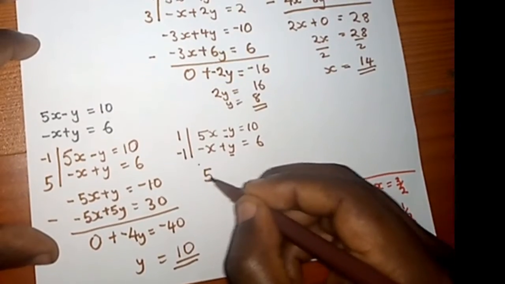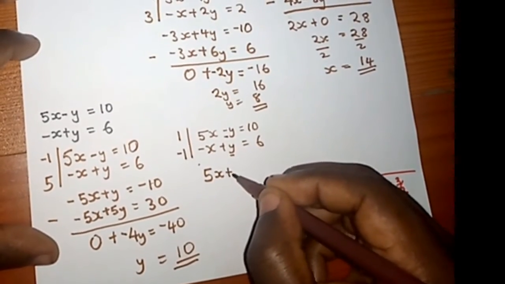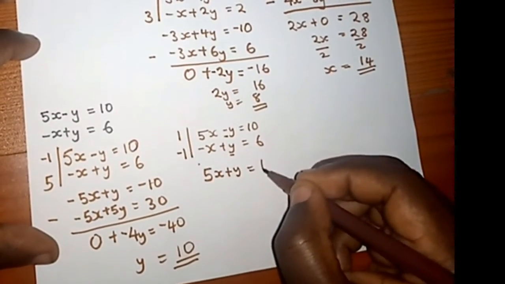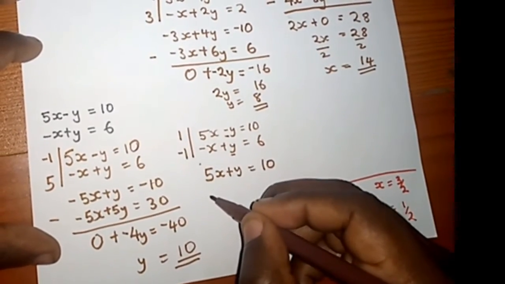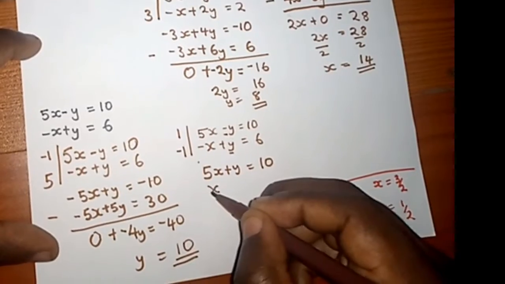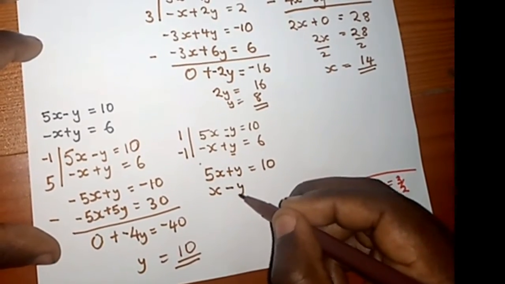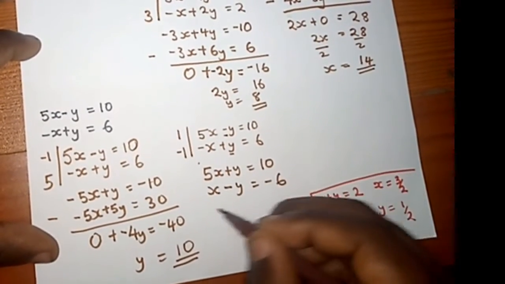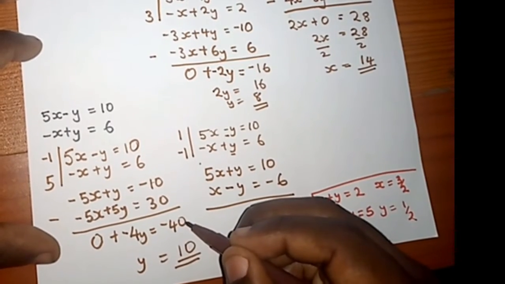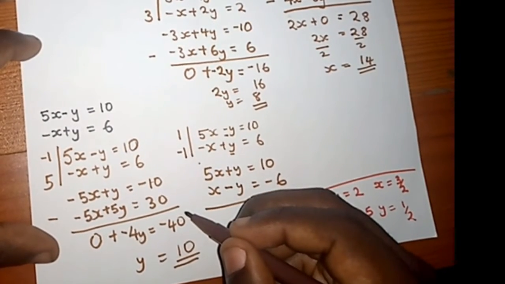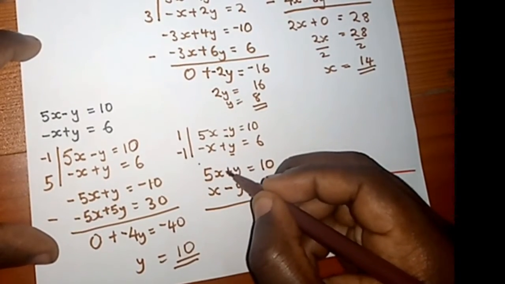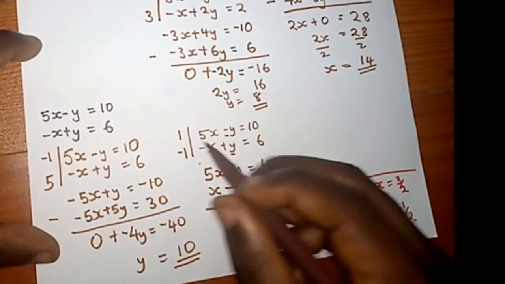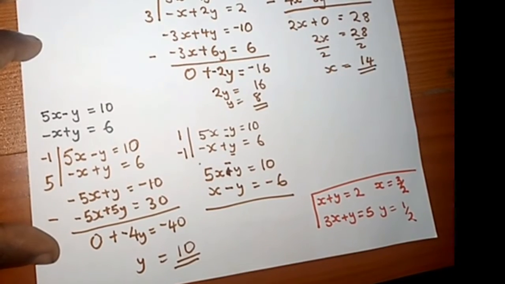So if I multiply by 1 through the first linear equation, I remain with my same equation. If I multiply by negative 1, here we get x minus y equals negative 6. Sorry, because 1 times minus y still remains like that.